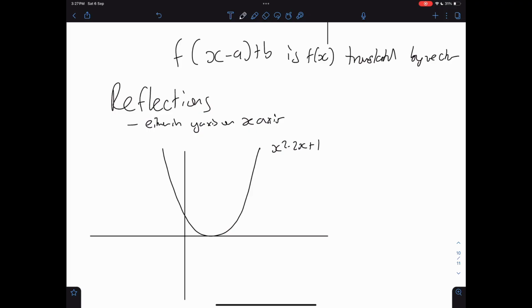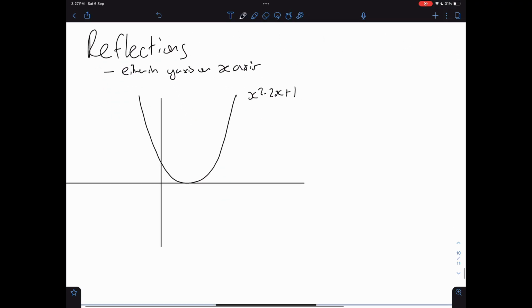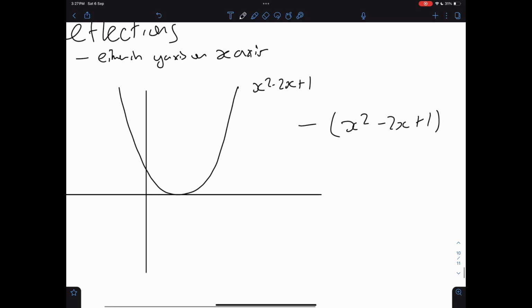And let's imagine if we multiplied all of it by negative 1. And this should be easy to do, because think about any input you do, you carry that out, and so you would get something like this.